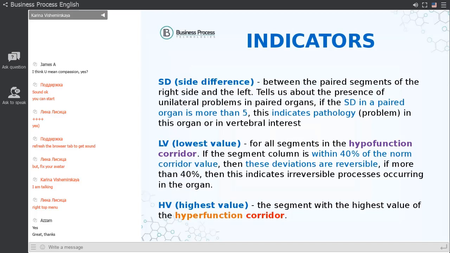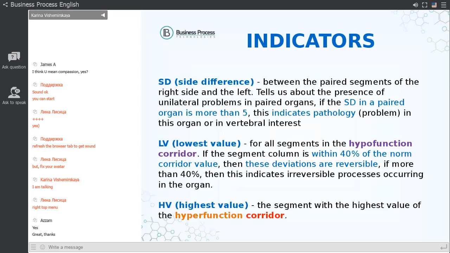This information is deeper. Right now, let's just think of paired segments, paired segments of the right side and the left side. We are comparing them one with another one.